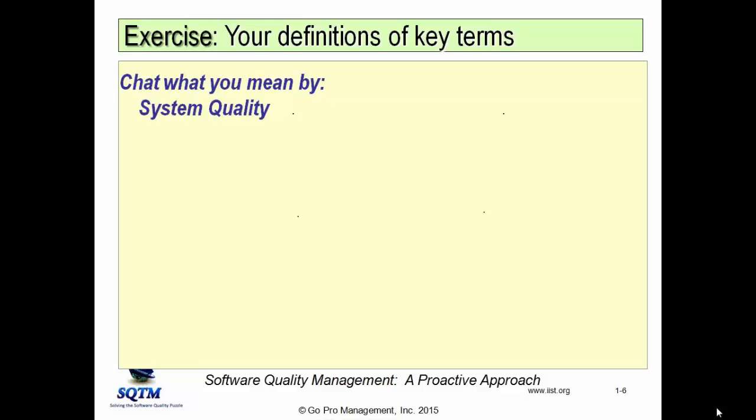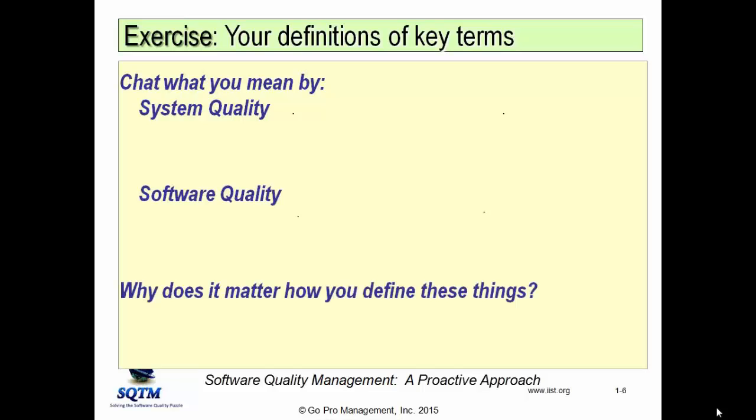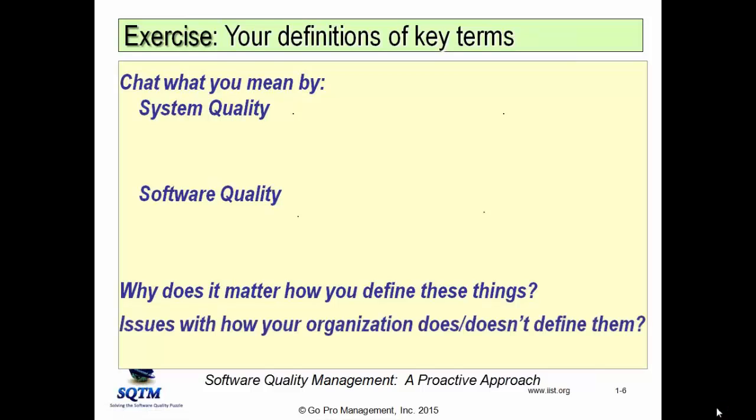And what I'd like is for you to let me know what you mean by system quality and what you mean by software quality, and if you can, why it matters how you define system quality and software quality, and if there are any issues with how your organization either does or does not define them.